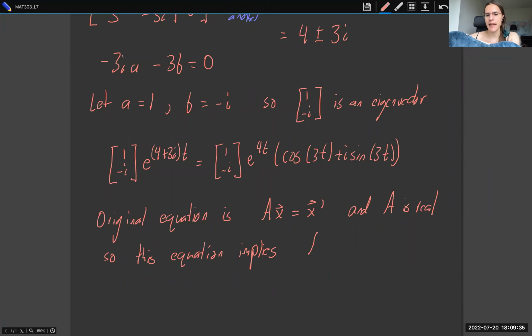And it implies that A of the real part of x is equal to the real part of x prime. This basically happens because A is real, and because differentiation is just differentiation of both the real and the imaginary part.